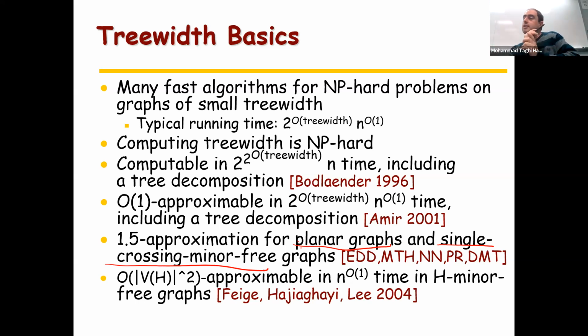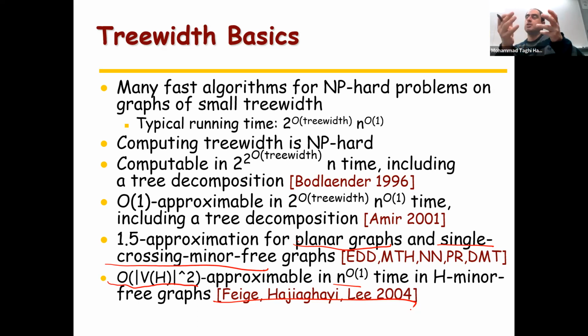But for general H minor free graphs, there is an order |V(H)|^2 approximation in polynomial time, in the same paper that I have mentioned. When you are talking about H minor free graphs, you can get order |V(H)|^2 approximation.